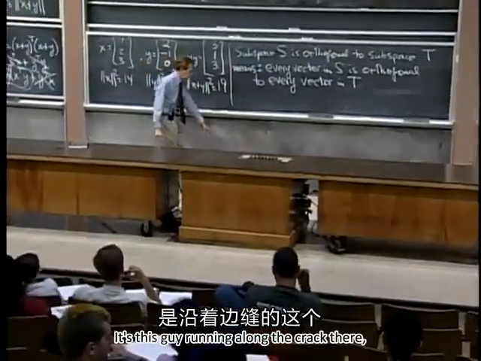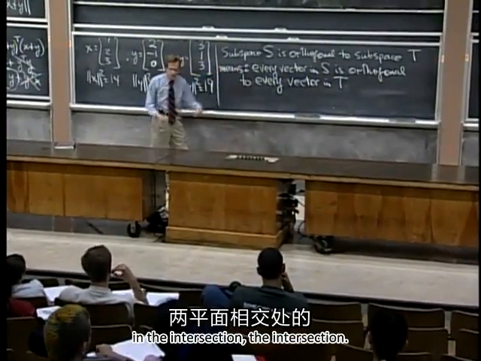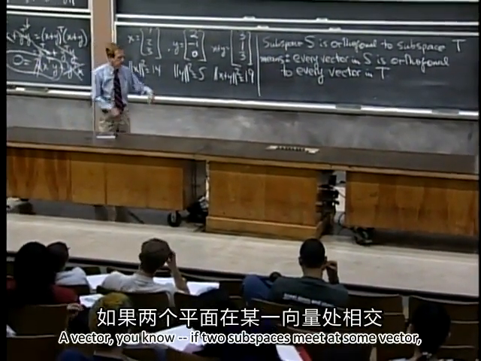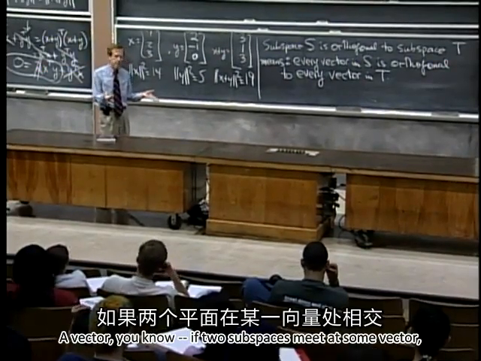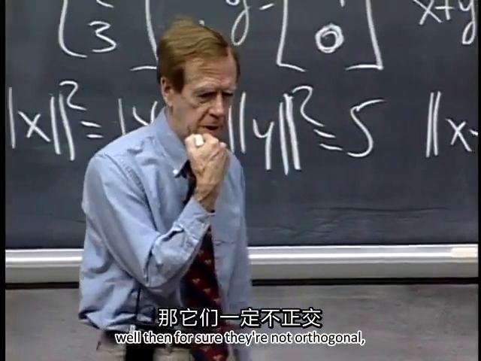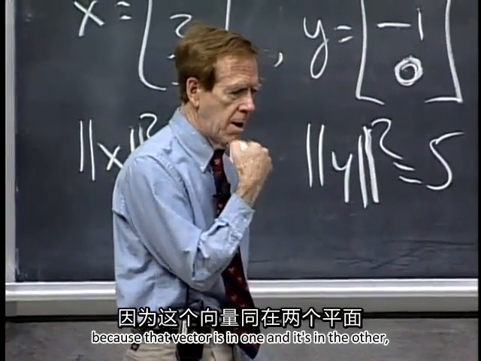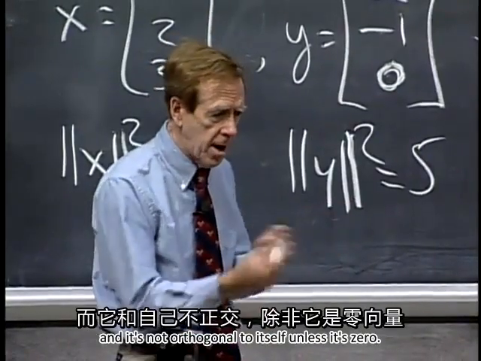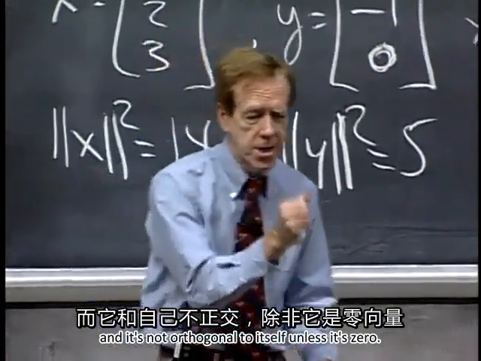This guy running along the crack there, where the intersection is. Look, if two subspaces meet in some vector, well then for sure they're not orthogonal, because that vector is in one and it's in the other and it's not orthogonal to itself unless it's zero.